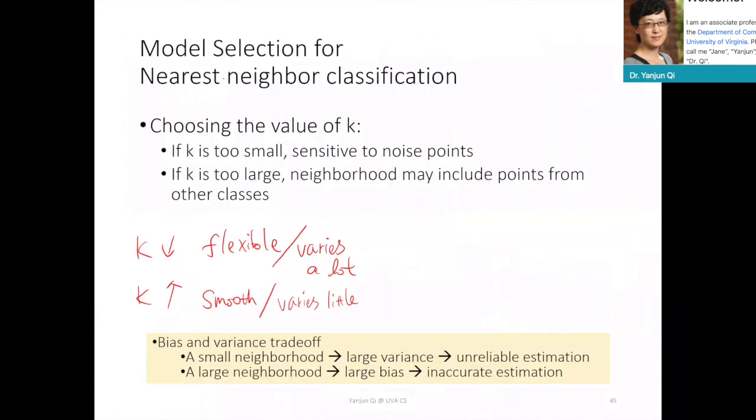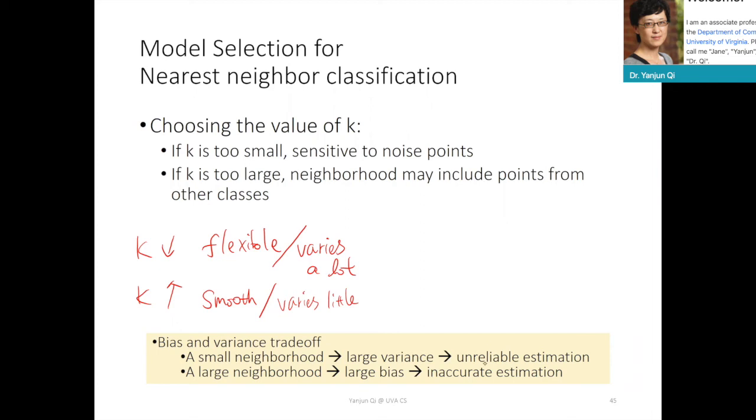All right. Okay, so I kind of repeat. Smaller k is large variance and larger k is large bias. Large variance gives you unreliable estimation. Large bias gives you inaccurate estimation.